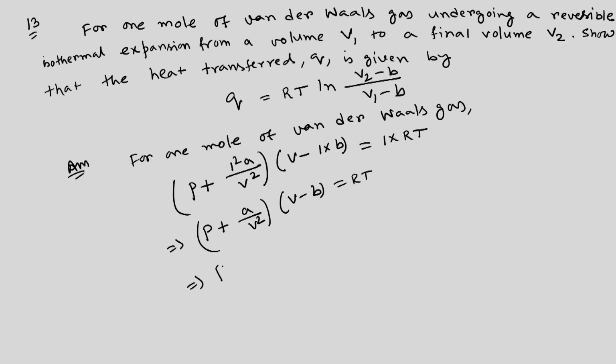So we get P equals RT by (V minus b) minus a by V squared. This is the expression for pressure for 1 mole of van der Waals gas.